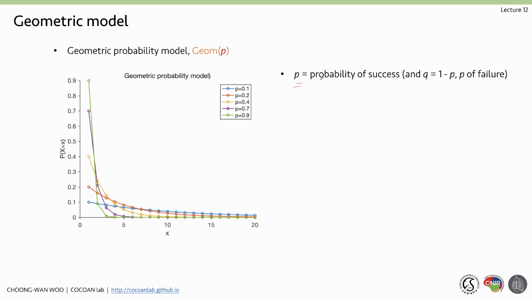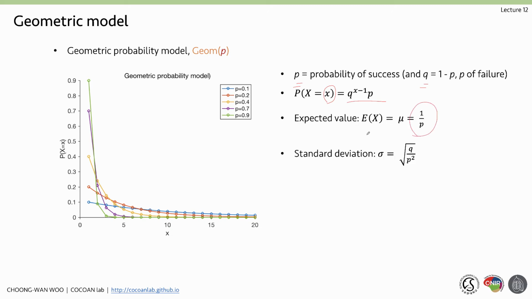So P here is the probability of success, and therefore Q, the probability of failure, is 1 minus P. As we just went over, the probability of getting that success on X is this. And the expected value is 1 divided by P. And the standard deviation becomes this.